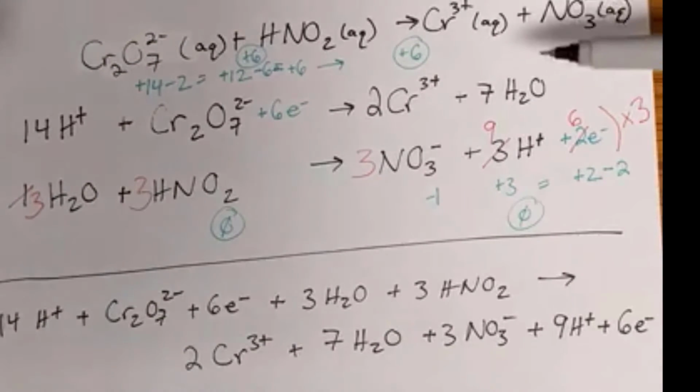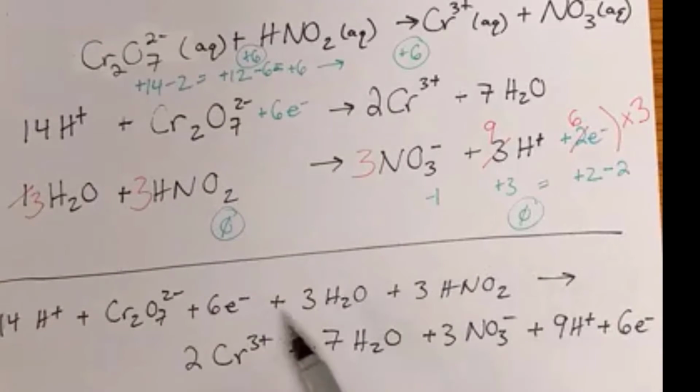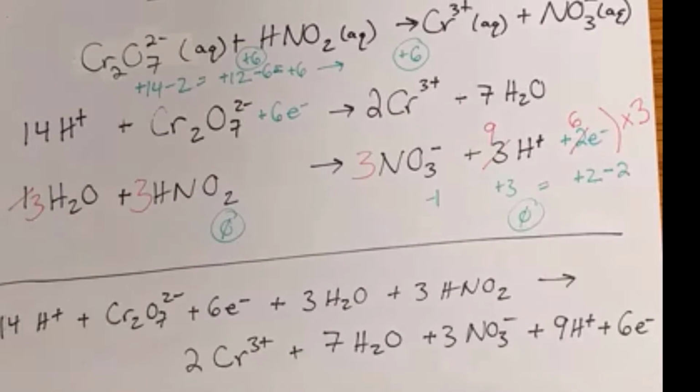All I did was bring everything down, and if it was on the left side, I kept it on the left side of the arrow. If it was on the right side, I kept it on the right side of the arrow.